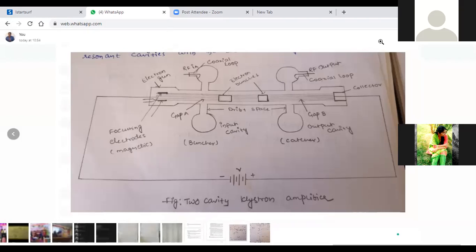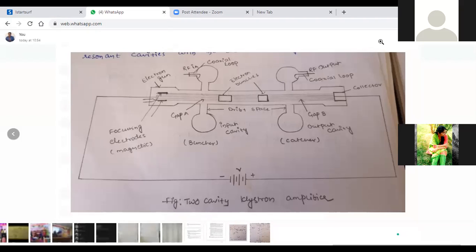This electron beam passes through the input cavity, drift space, catcher cavity and finally to the collector or anode. We always know the anode is kept at a positive potential with respect to the cathode.